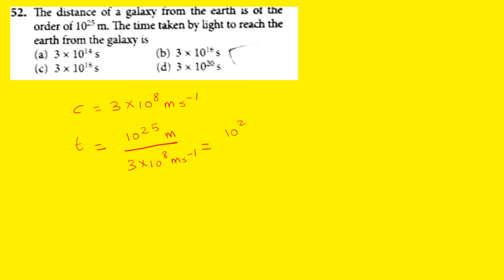Again we need to deal with the powers. So 10 power 25 minus 8 will be 10 power 17 by 3. Okay, so roughly it is 3 into 10 power 16 seconds.